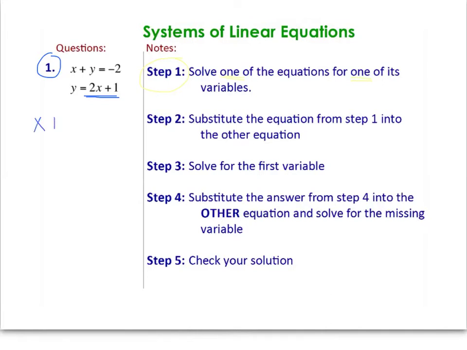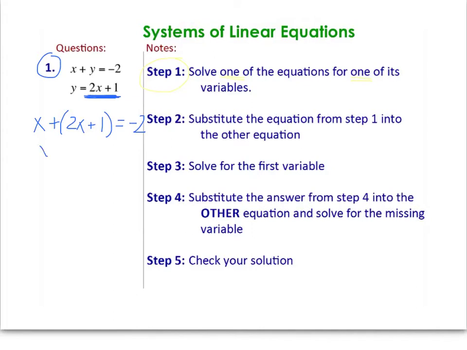x plus, well, it says x plus y equals negative 2. Instead of y, I'm going to put 2x plus 1 equals negative 2. So what I just did is took my second equation and plugged in what y equaled into equation 1. Well, now I can solve this for x.